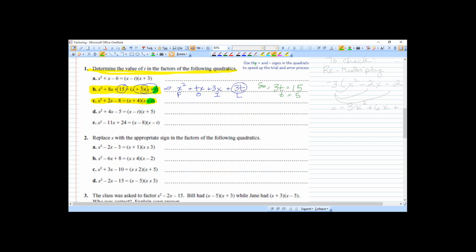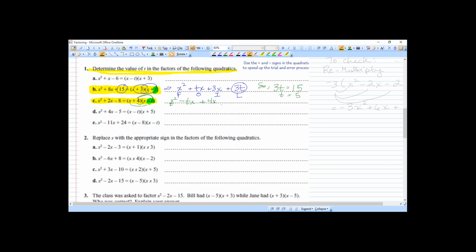What we can do is lay out the FOIL just like we just did. First is, of course, x squared. Outer is going to be negative tx. Inner is plus 4x. And then last, usually on your last multiplication, you'll be able to figure out what that factor is.